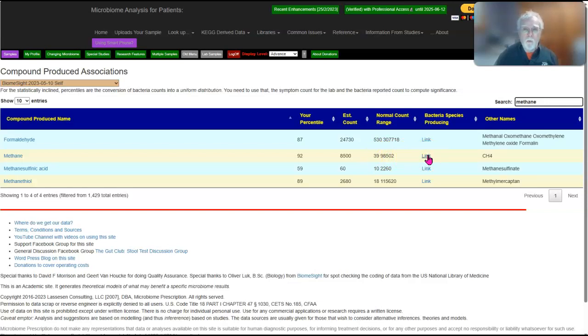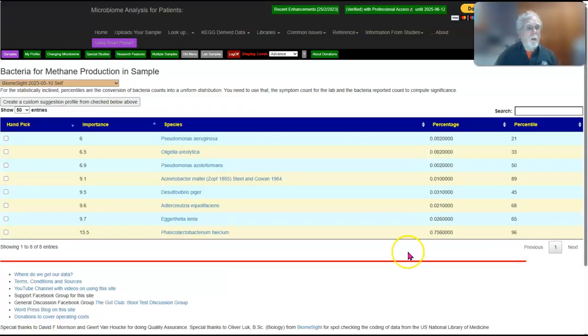Some of the bacteria can be pretty dramatic for the rate of change. And there we have it, and we have only 8 bacteria involved. Now what we find is there's only one bacterium which is really standing up, everything else is in the normal range. We have another one down here which is there.